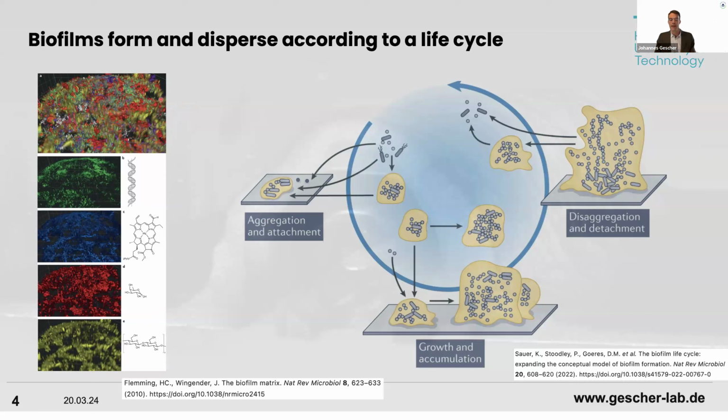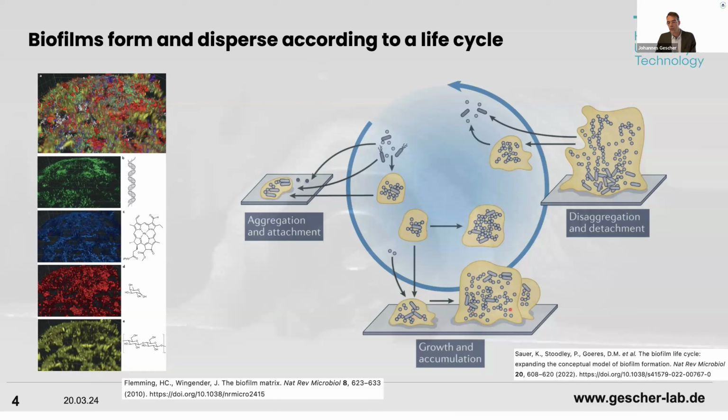So it's not only diverse with regards to the organisms which might be here, but it's also diverse with regards to the structure of the polymers and the chemistry of the polymers in these EPS. Schematically, we have either single organisms or flocks of organisms that would attach to a surface.